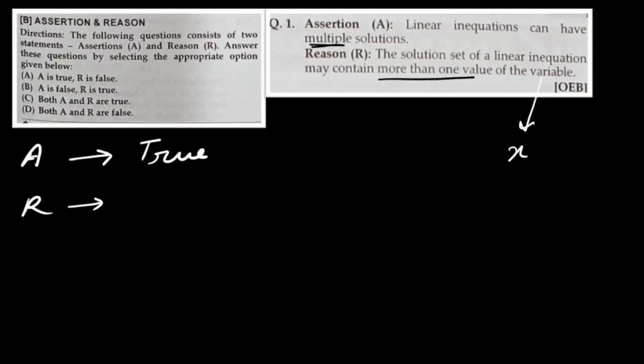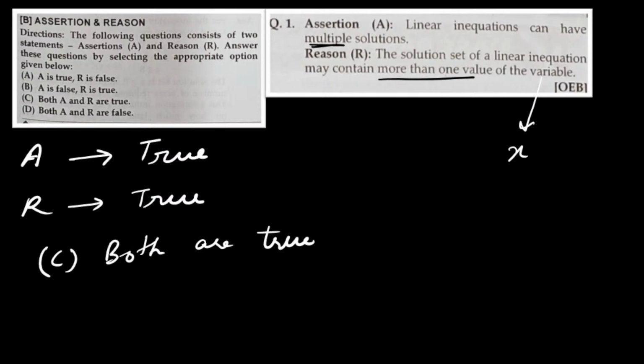So multiple means more than one only. That means R is also true. So both are true, so option C is the correct answer. Let's do the next one now. This was very easy.